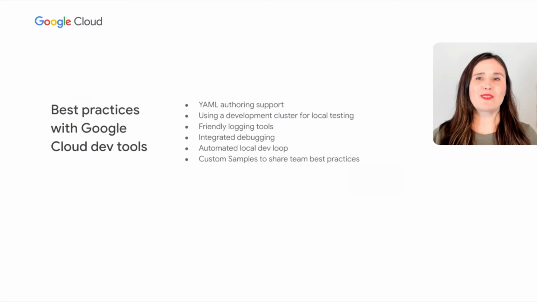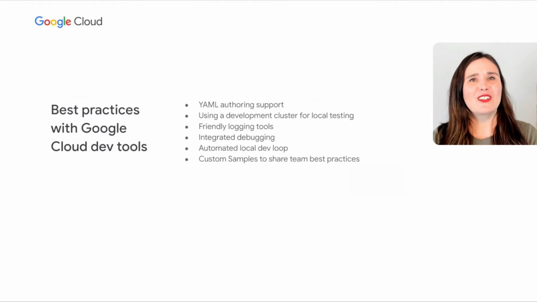So, we've talked about best practices and how it can be difficult to implement them. The question now is, how do these Google Cloud dev tools make it easy to incorporate best practices into your Kubernetes development workflow? First, you don't need to be a YAML expert in order to write functional Kubernetes resource manifests.